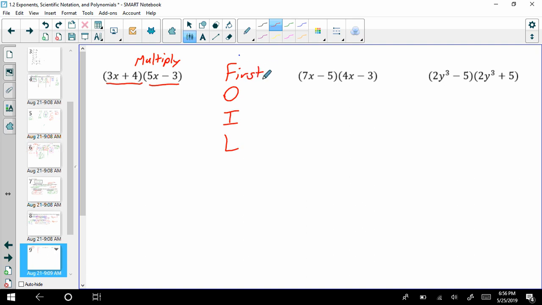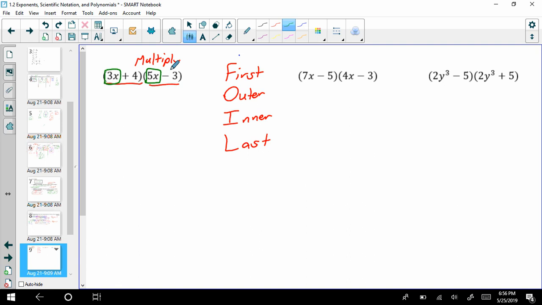I'll write out what it stands for here. So when I FOIL these, it's just a way to multiply them. So F stands for first.